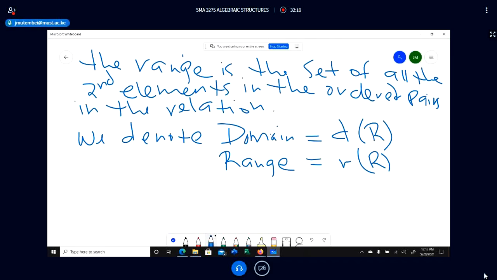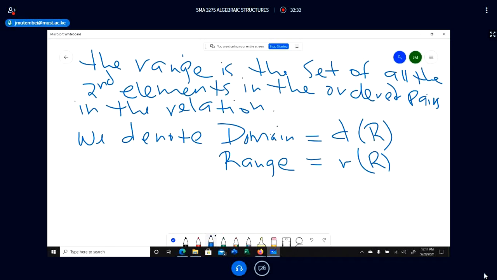So we have the domain of R and the range of R. The domain is the set of all first elements in the ordered pairs of the relation, and the range is the set of all the second elements in the ordered pairs of that relation.